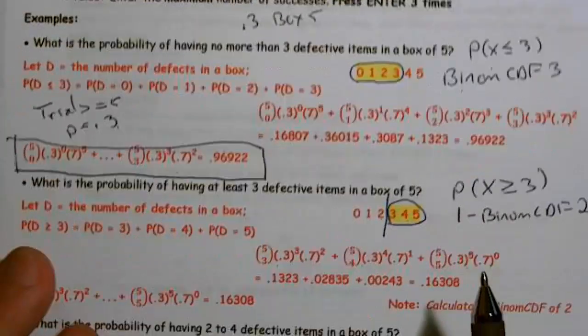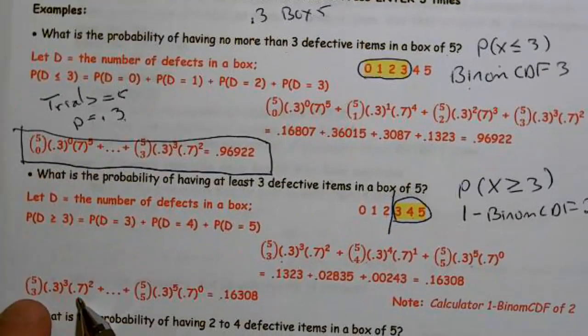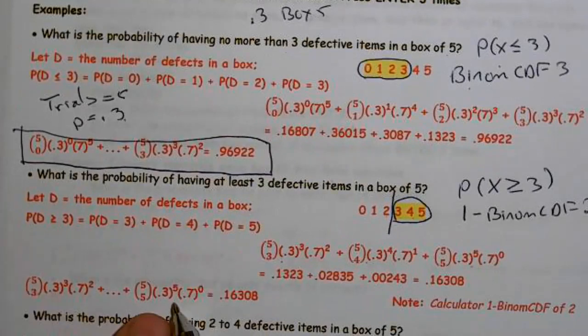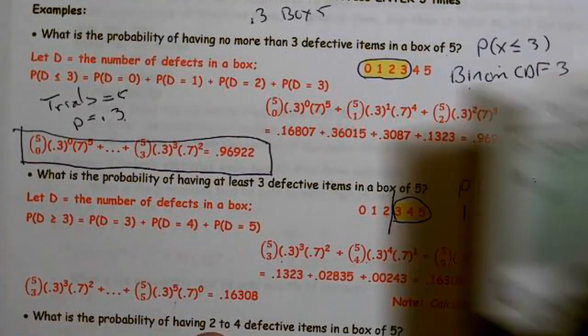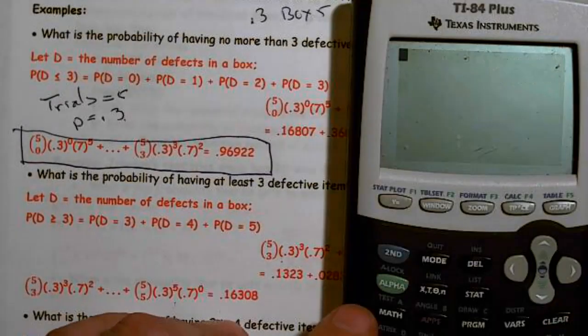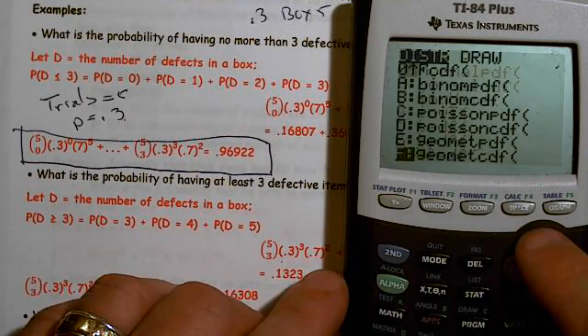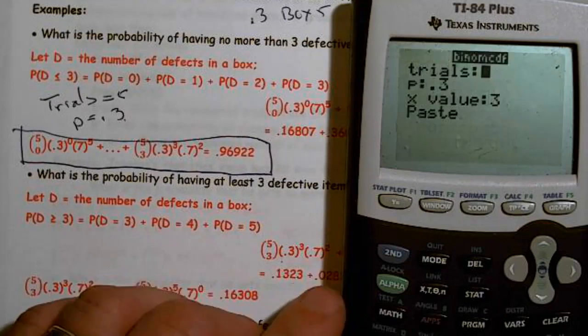Again, what if they'd asked for 20 items? Just take the lowest and the highest. So there's the PDF of 3. And right here, this is the PDF of 5. So on the calculator, 1 minus, second vars, binomial CDF.